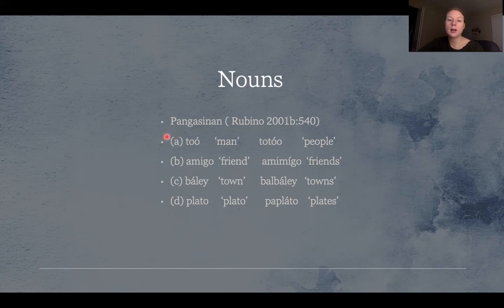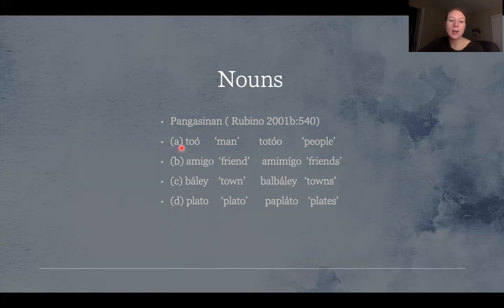So again, sorry for my pronunciation, but Pangasinan is an Austronesian language, and reduplication is used often to express pluralization.